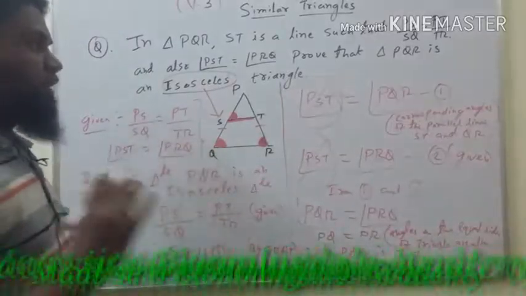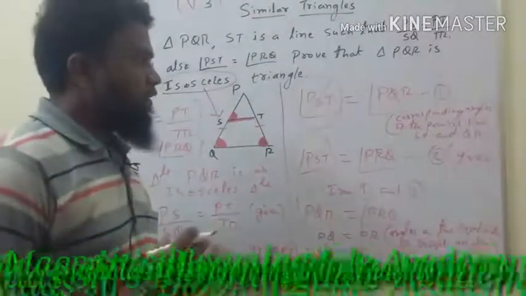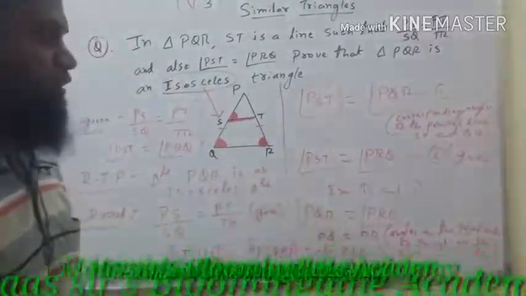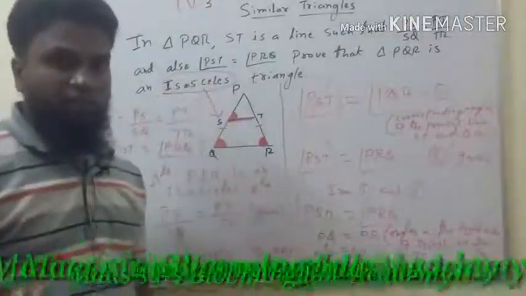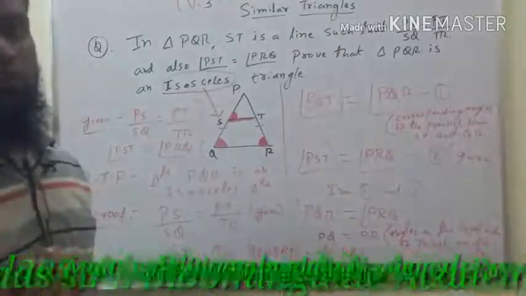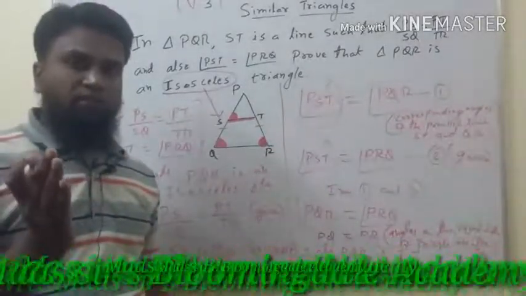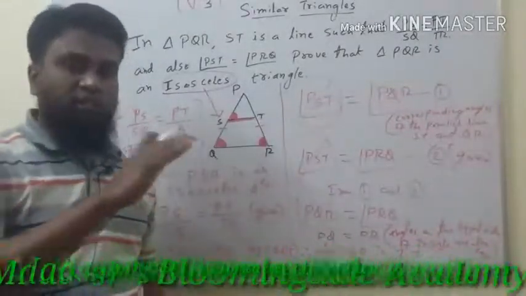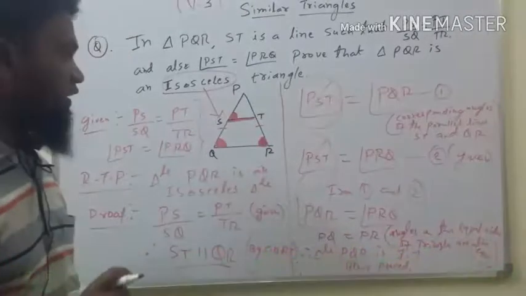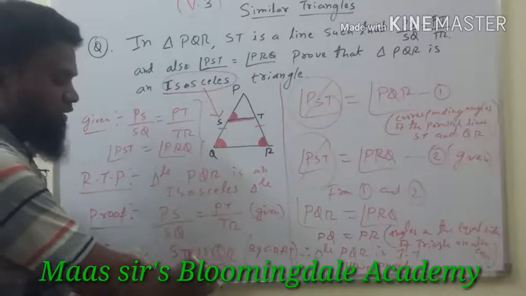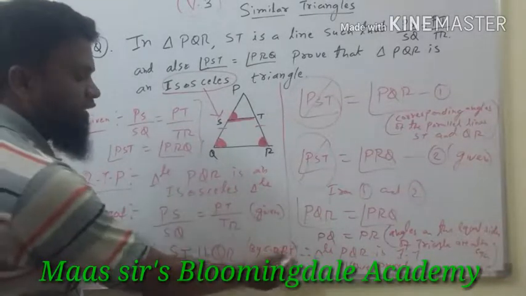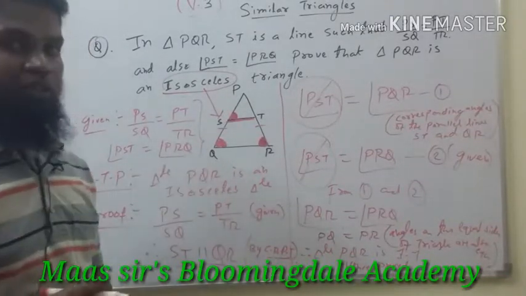So let us revise the important things here. The important thing to remember is the property of the isosceles triangle. It has two properties: sides are equal and the angles opposite them are also equal. Here you take what is given, and you get parallel lines by the converse of BPT.